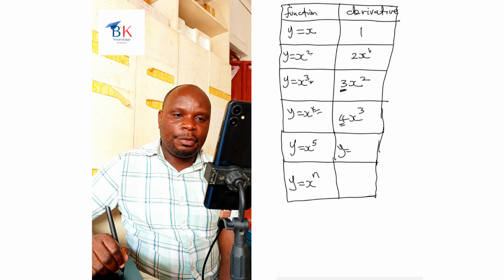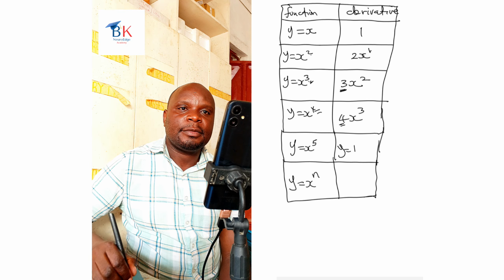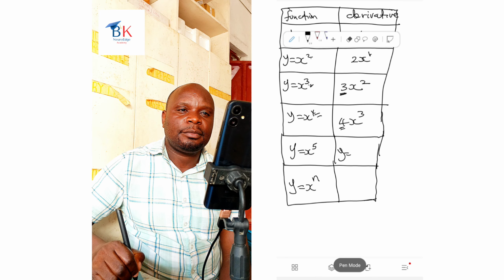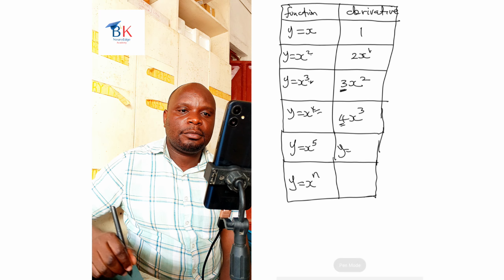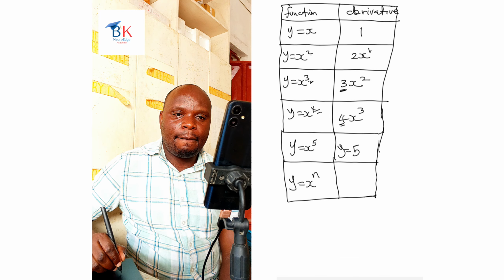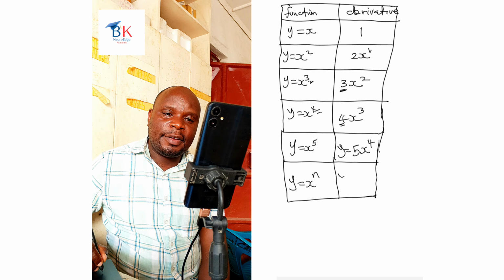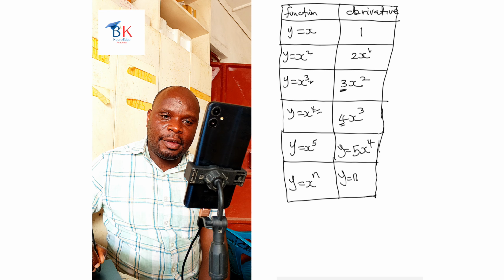So that means for this one, you start with the coefficient which is equal to the index, which is 5, and then x, and then the index reduces by 1. So what does that mean? It means y equal to x power n gives n x power n minus 1.